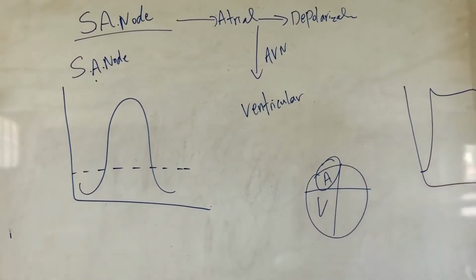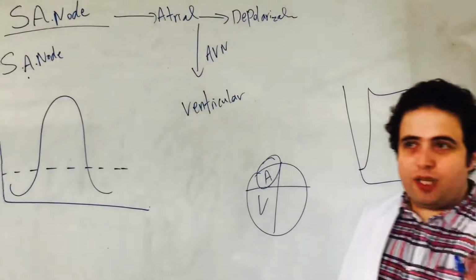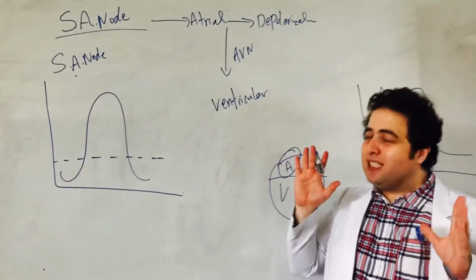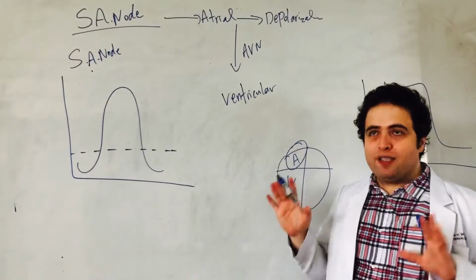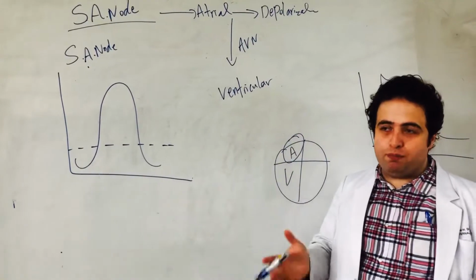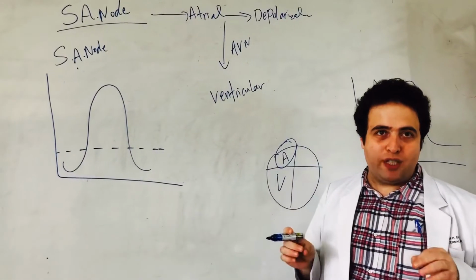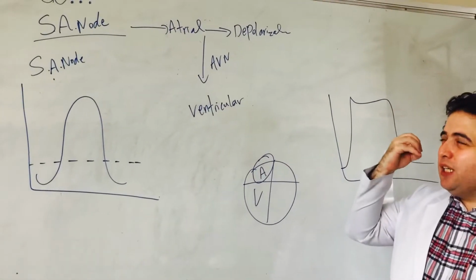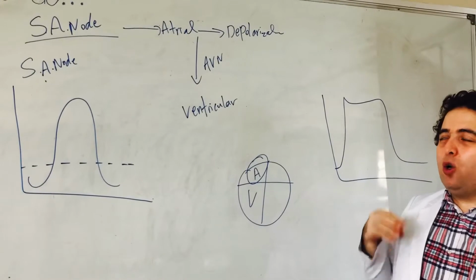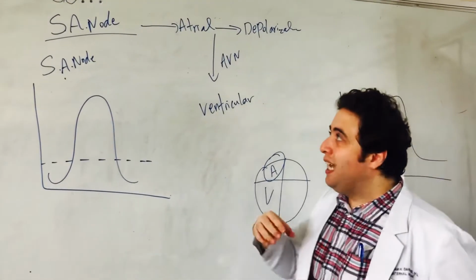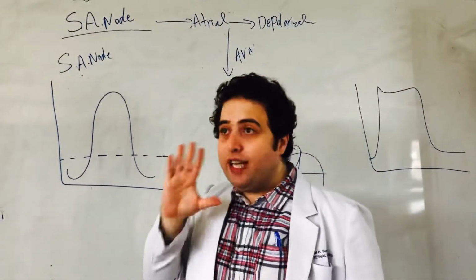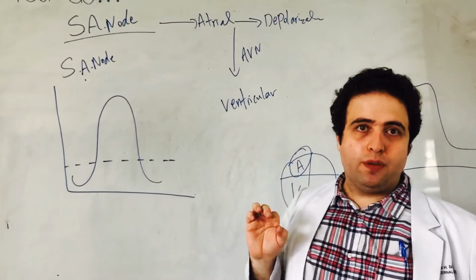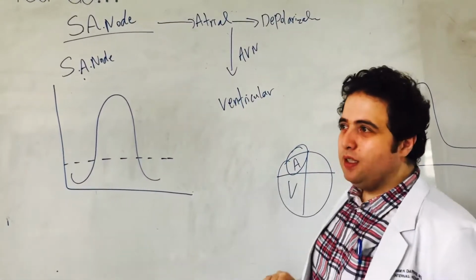In the atrium or SA node action potential, something important you should always keep in your mind is that the sympathetic and parasympathetic, or in general the autonomic nervous system, can indirectly stimulate the SA node. Let me give you an example.